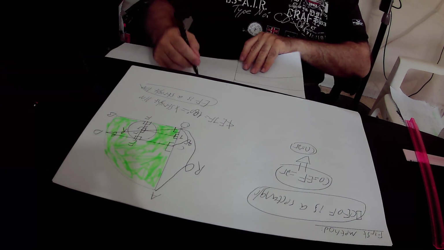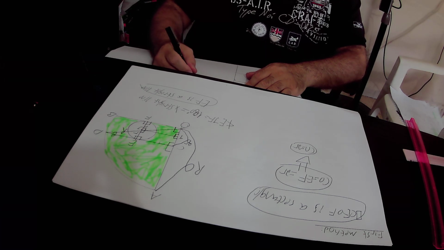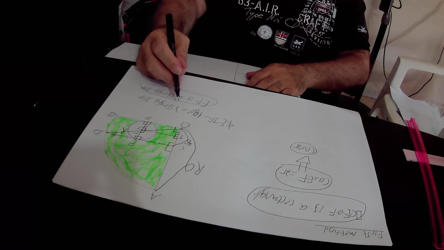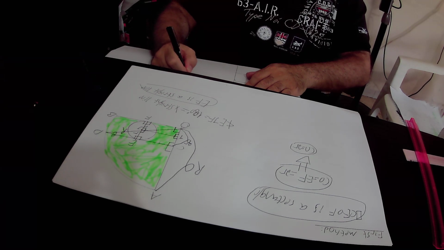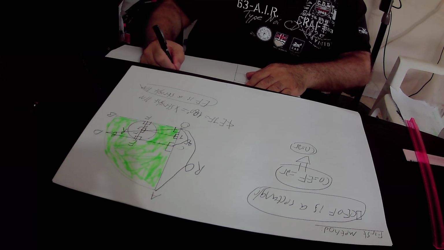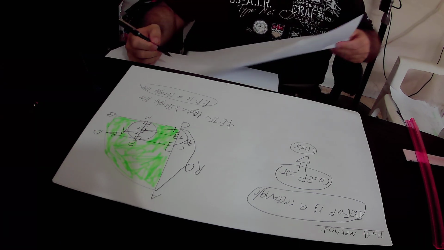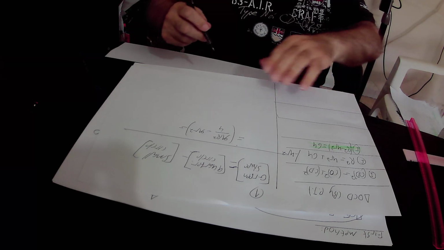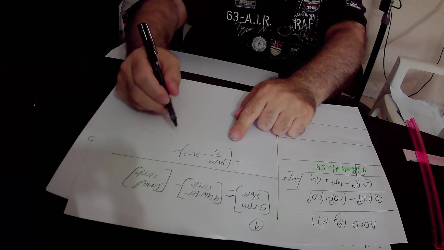So the area of the quarter circle will be equal to pi times capital R square over 4, minus the area of the small circle, that is pi R square. So here we take pi over 4 as a common factor out of those two expressions.